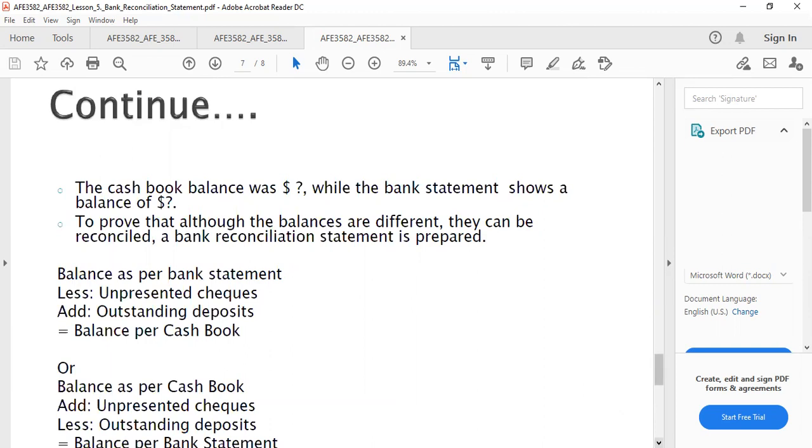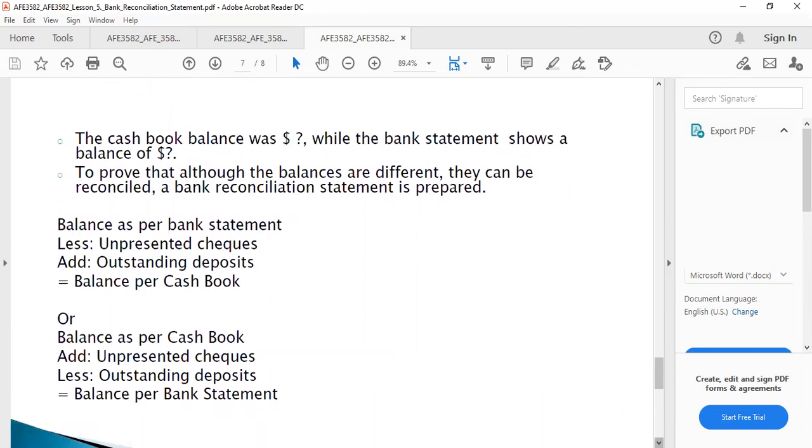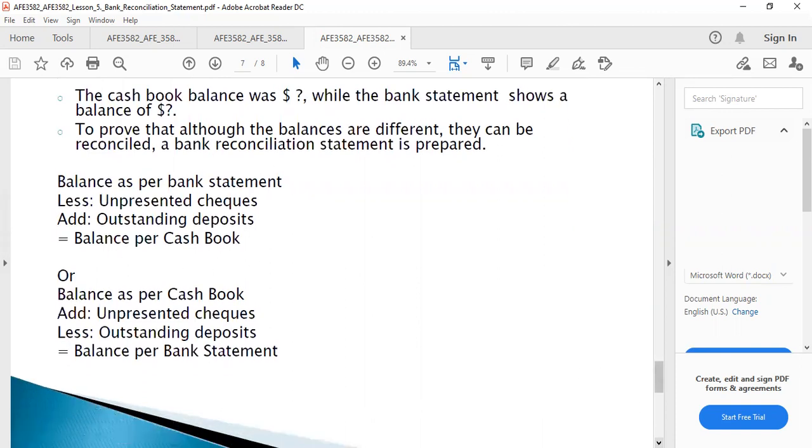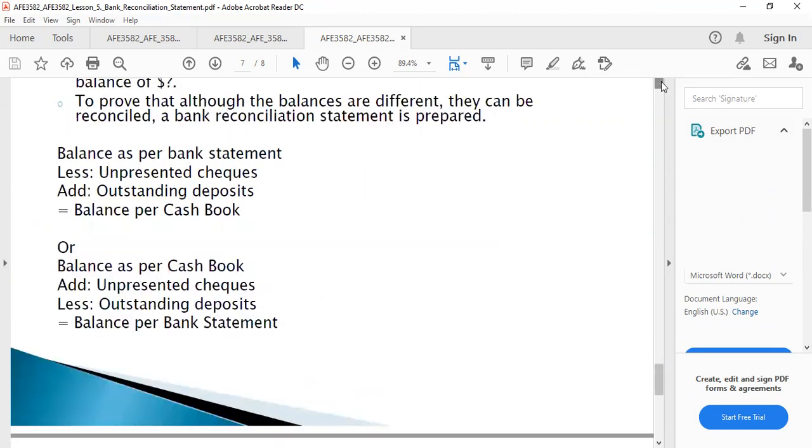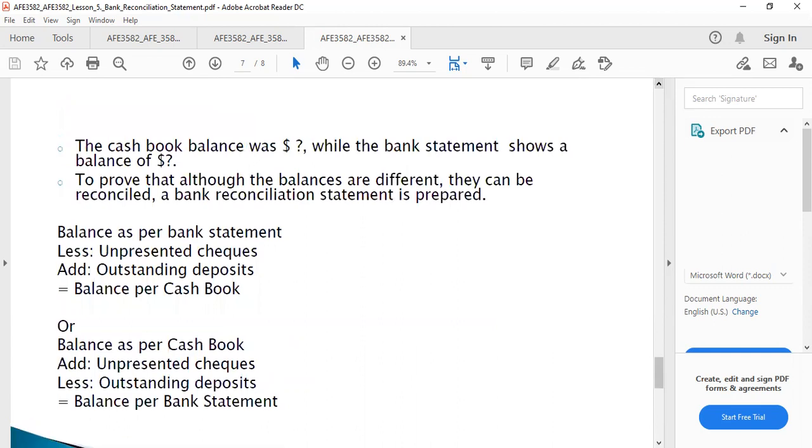So there are two methods. And I actually love using the first method. So you have the balance per bank statement.